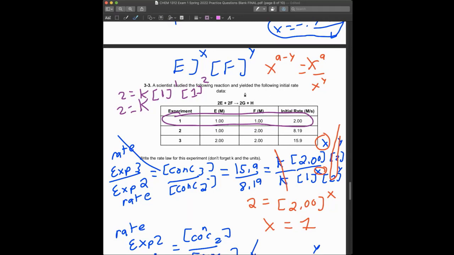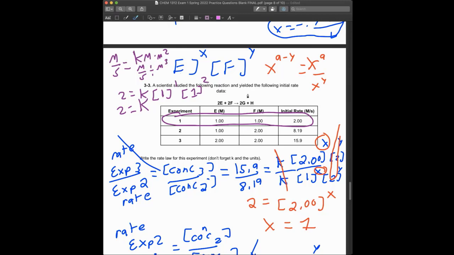Okay, so what are the units of K? Well, let's figure that out. On the left side, we have units of M over S. And then on the right side, we have K times M over M2. So simplifying that, Ms divided by M3, because we want to isolate the K by itself.